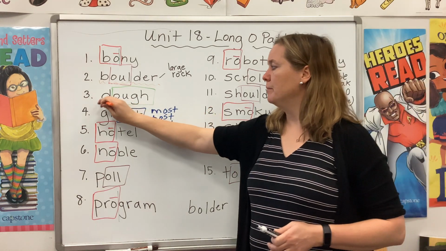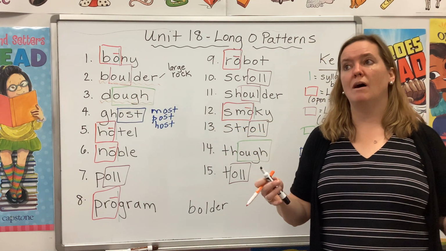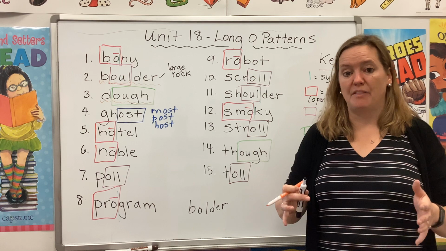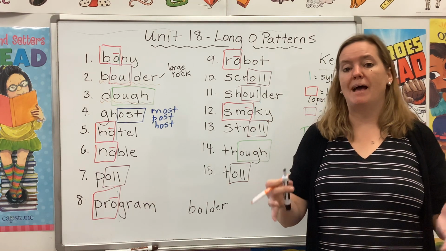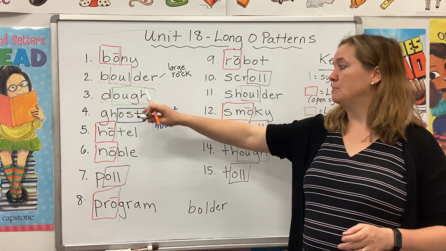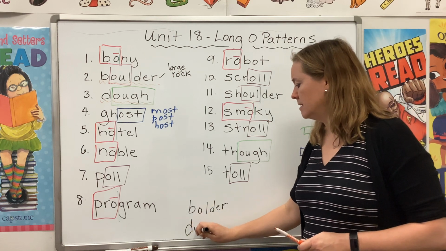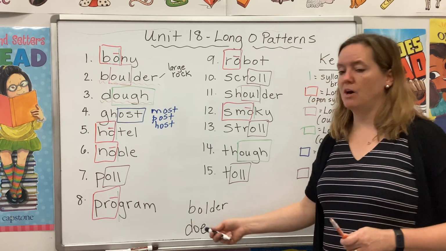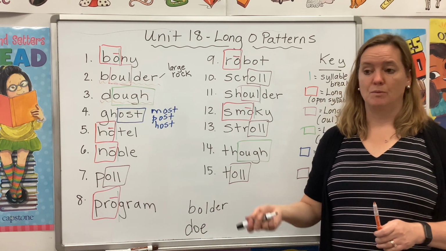Now, dough is another homophone. Dough is what we mix together to make bread, right? We need to make the dough for the bread. We need to make dough for our pizza, cookie dough, spelled like that. But there's another kind of doe that's spelled like this with the O-E vowel team, and that would be a female deer, okay?